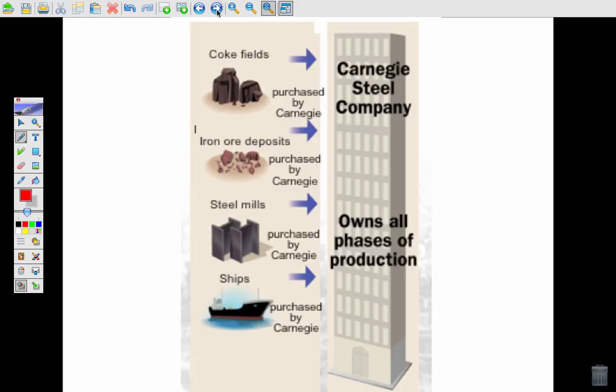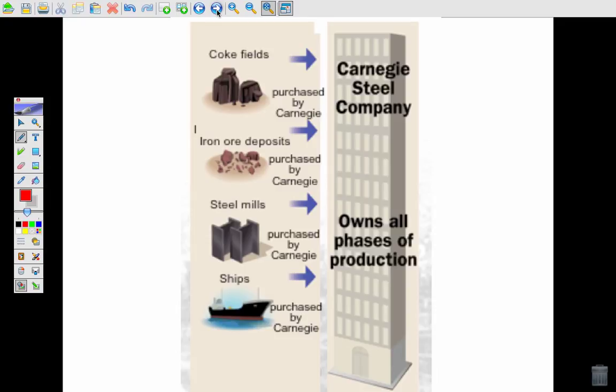All right, so like we chatted about, specific people who used these different methods. Carnegie practices vertical integration. He owns all phases of production for his company. For example, he owns coke fields, which then create iron ore deposits.